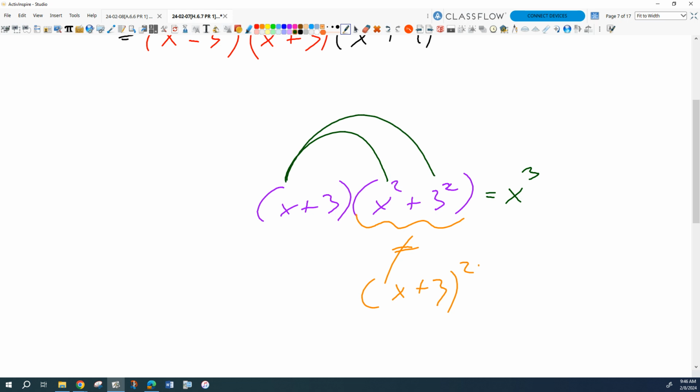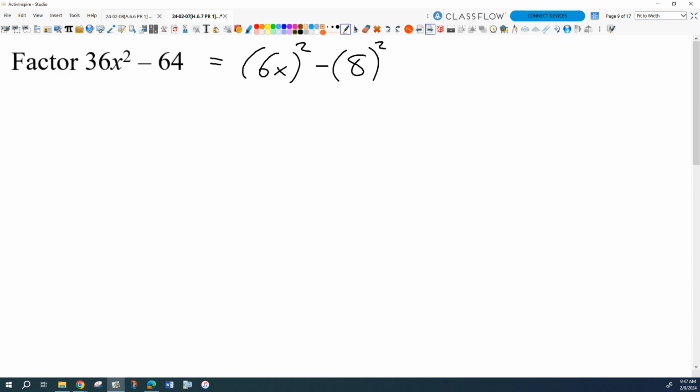Distribute the x there, and I get plus 9x, because that's just 9, right? Distribute that, and I get plus 3x squared, and distribute that, and I get 3 cubed, which is 27. But I get all these cross terms in there that mess it up. Okay, that makes sense? Okay, good question.